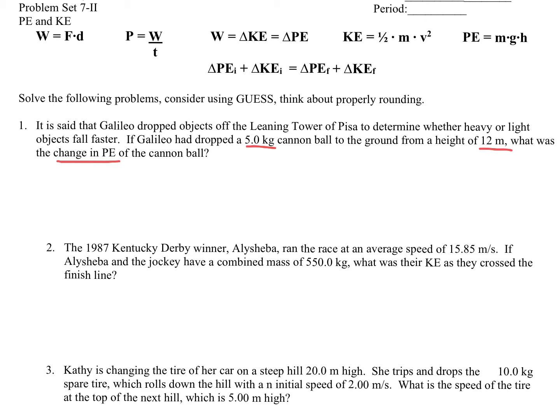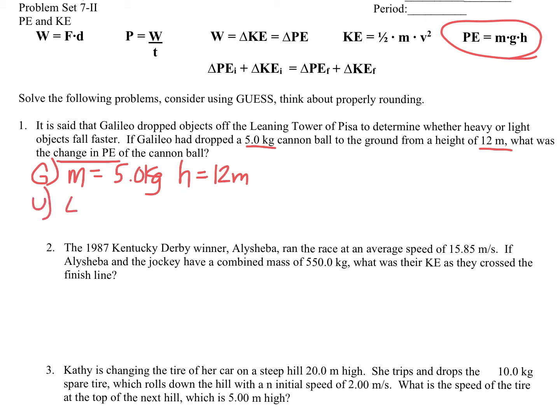Okay, so we know that if we're looking for potential energy, that has to do with mass times gravity times height. So let's just write down what we have so far. We know the mass is 5 kilograms, and we also know that the height of this drop is going to be 12 meters. Perfect. We want to know what the change in potential energy is.